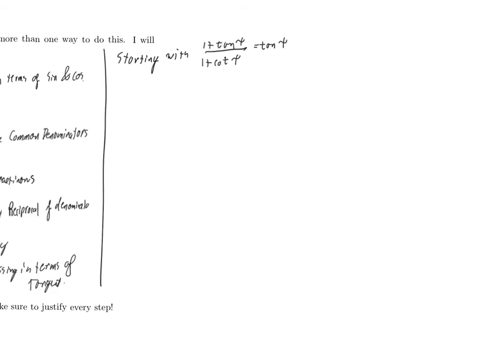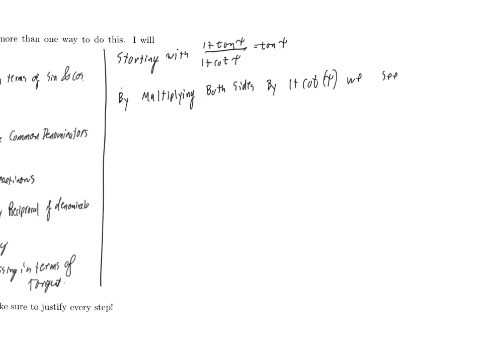So one thing that you notice is I see a fraction on the left-hand side. So that should give you a hint that maybe it's worth clearing the denominator. By, let's see, this is multiplying both sides by 1 plus cotangent psi.